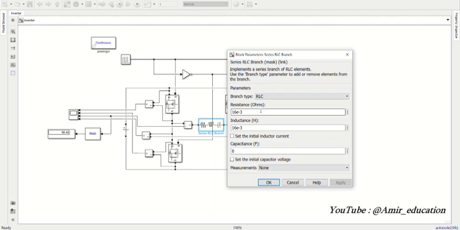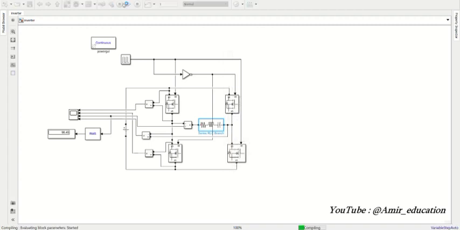And let's change our load to a capacitive load. I set this to 1.3. Here 25e minus 6, and here minus 3.